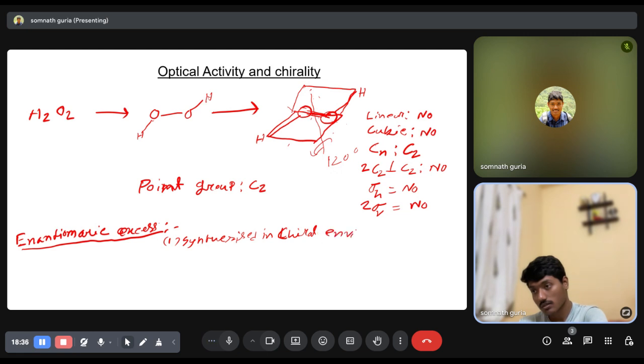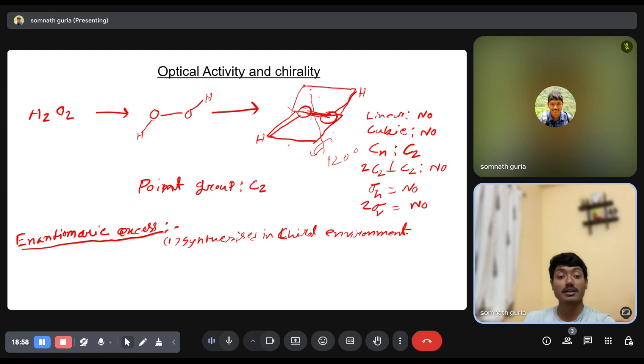Okay, and we need to make a chiral environment so that we can actually synthesize one particular enantiomeric excess.